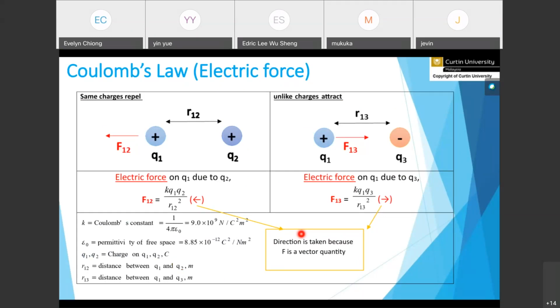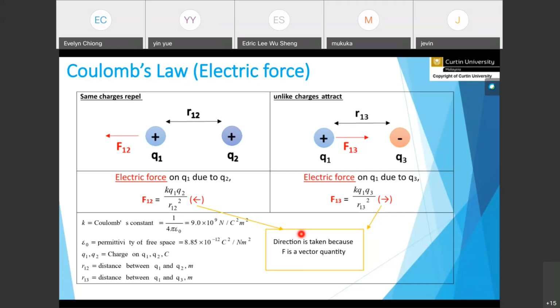If you have two charges close to each other, they will have forces between them, either attracting or repelling each other. If I want to know the force experienced by Q1 due to Q2, because charge 2 is somewhere near Q1, I will write F12.